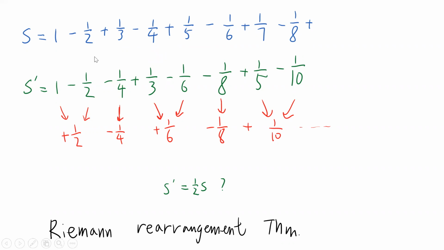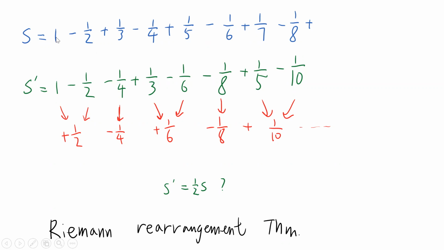So what I just said is that if I reorder or rearrange the terms, something strange will happen. If I rearrange the terms, I can obtain this S prime series. So what did I do?